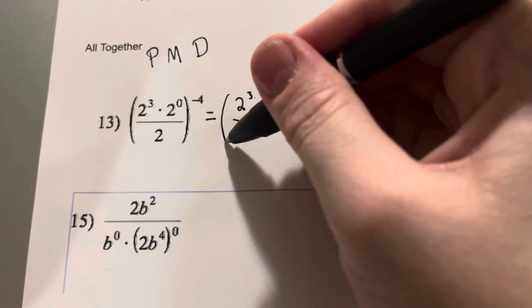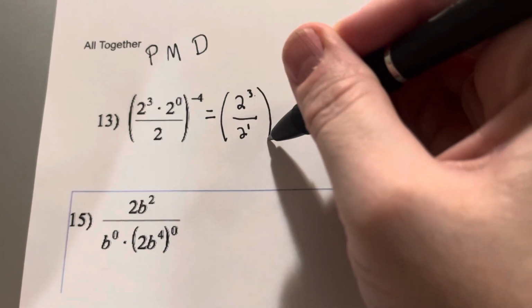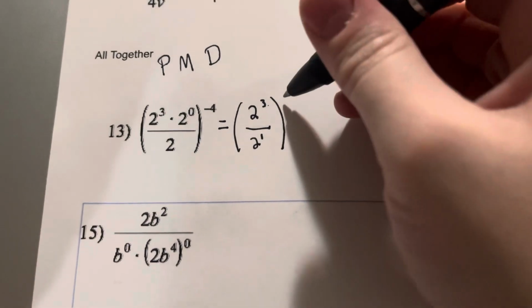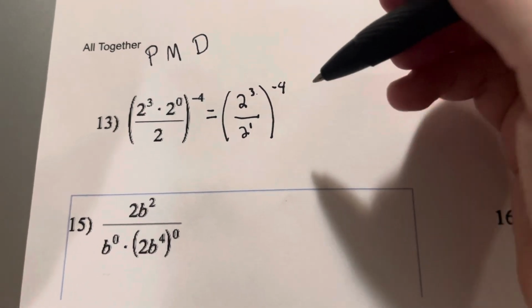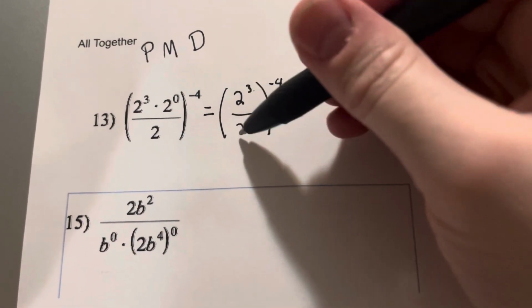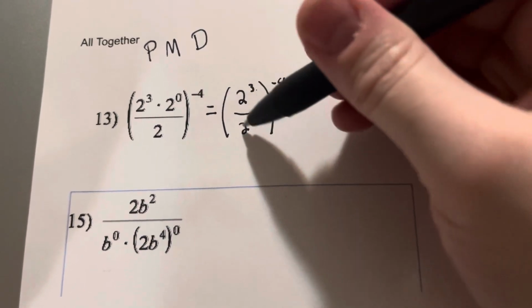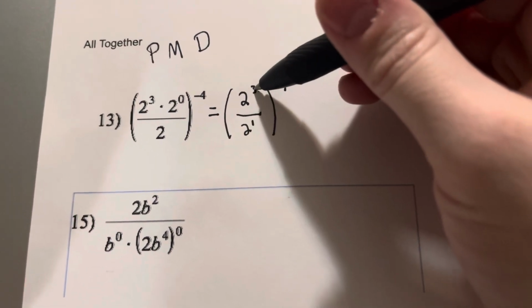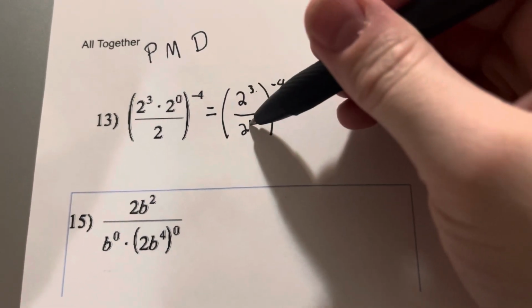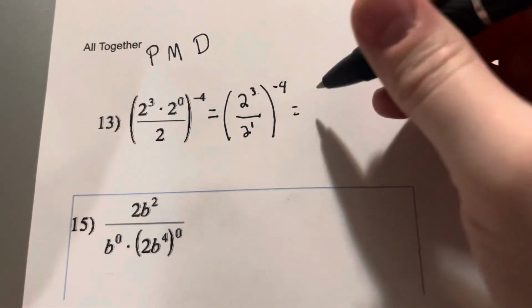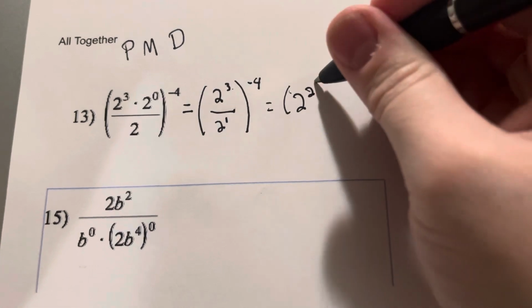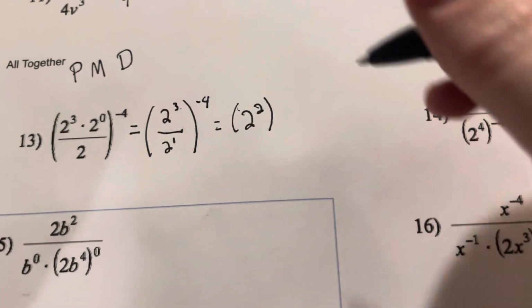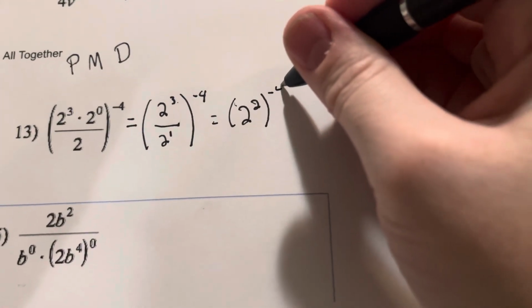Then I could put these parentheses around it with the -4 on the outside. Now, I'm still needing to solve what's on the inside of this parentheses. So I'm going to subtract 3 minus 1, which gives me 2 to the 2 power. And we still have a negative 4 on the outside.